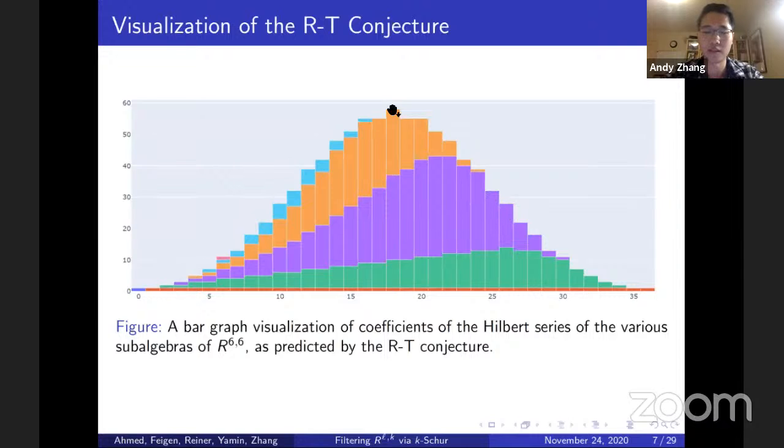And then this is unimodal. Unimodality means that the curve is first increasing then decreasing.